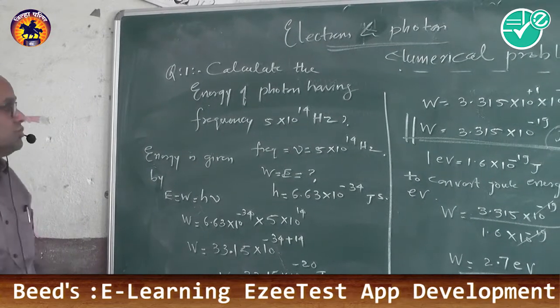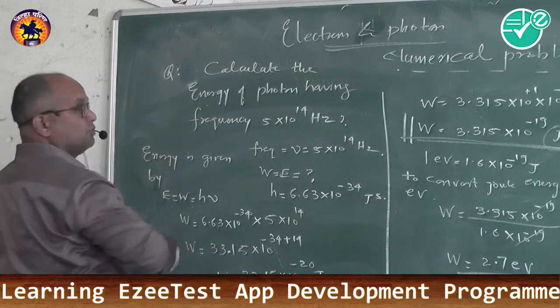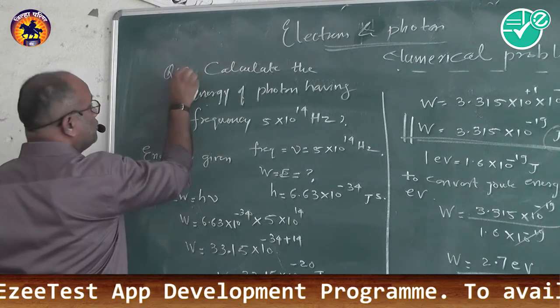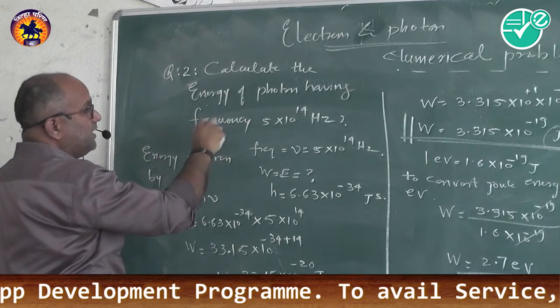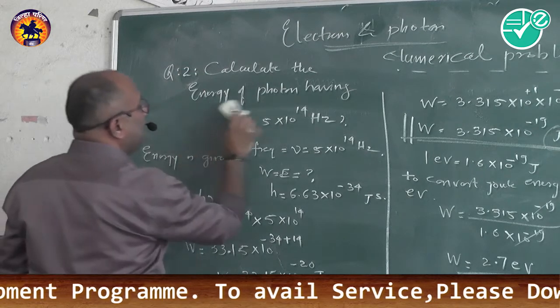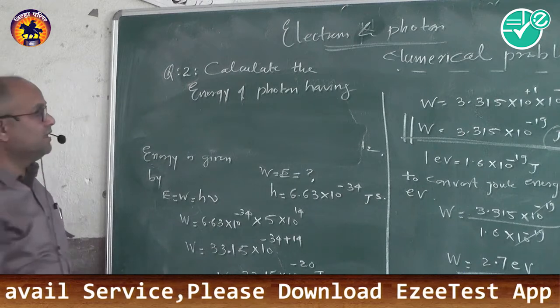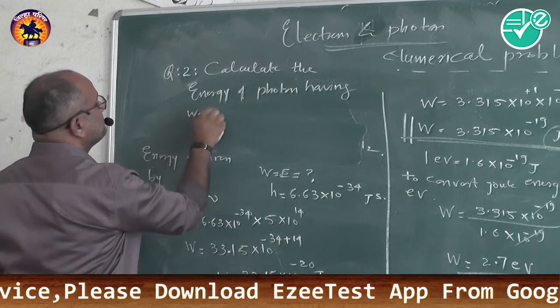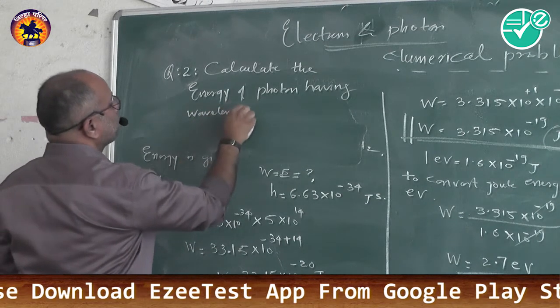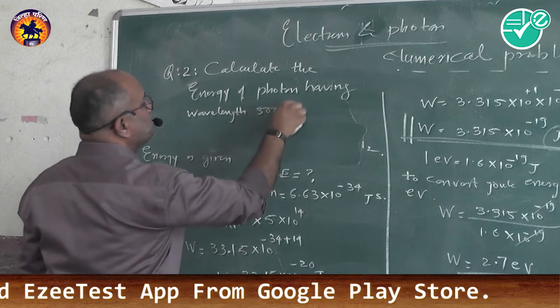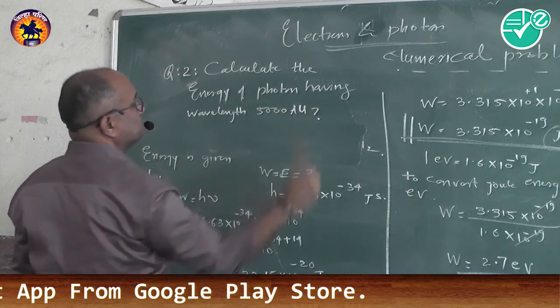Now, question number 2. Calculate the energy of the photon having the wavelength 5000 angstrom unit.